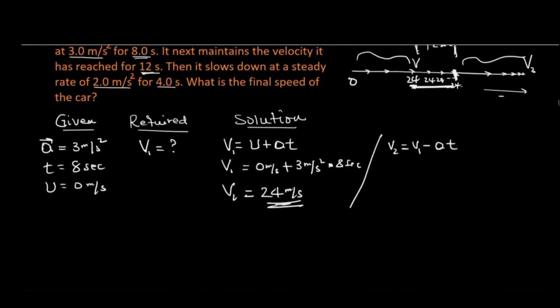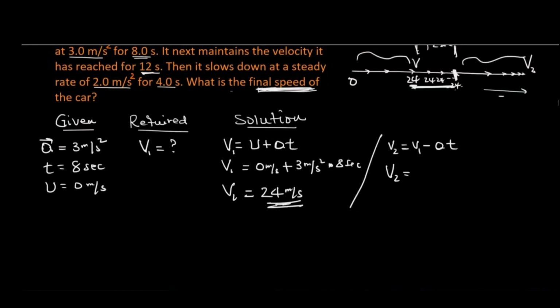Then the initial velocity is not 0 now, because we already reached 24. We maintain that 24 for 12 seconds and then we slow down from 24. So I'm expecting, without calculation, less than 24 for the final one. So V2, which is the final speed of the car, I'm now calculating.